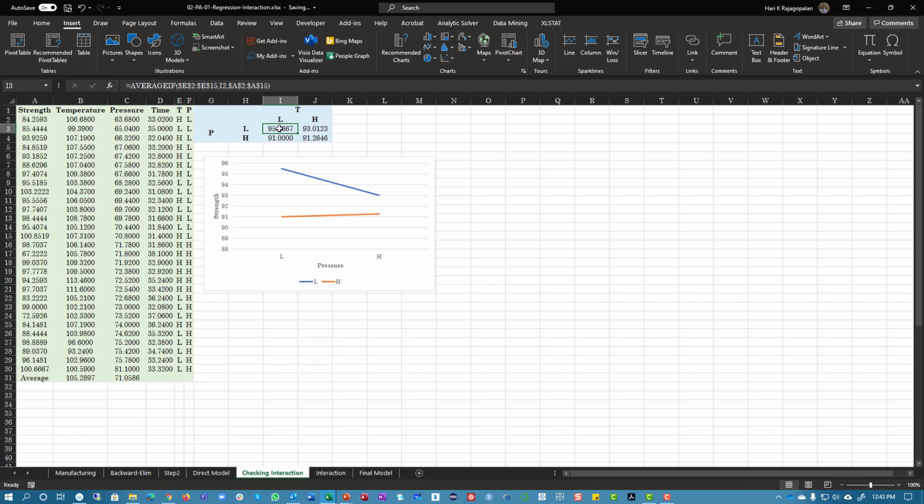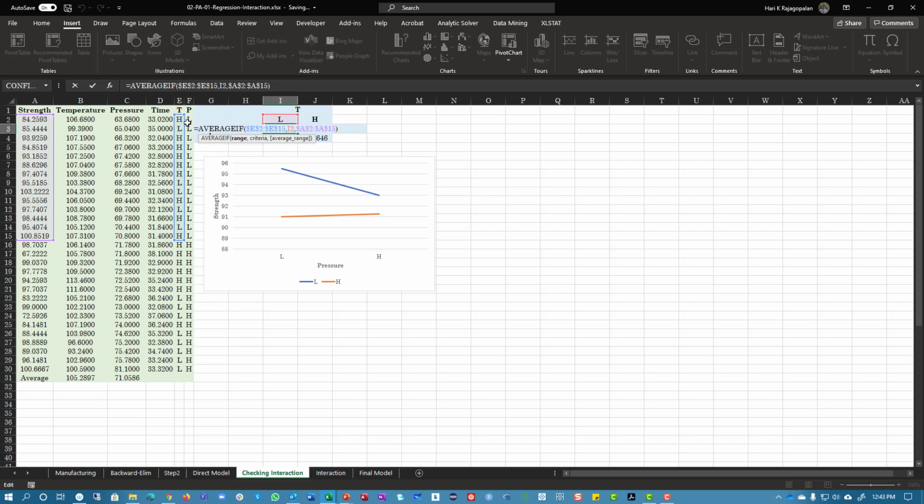Once you do that, you can find the average. And essentially we are sorting everything here according to pressure because we want to make sure we can get the average strength when things have high temperature for low pressure, and so on. So here we go. We are selecting average, and the range is your temperature here, which has low pressure, right?